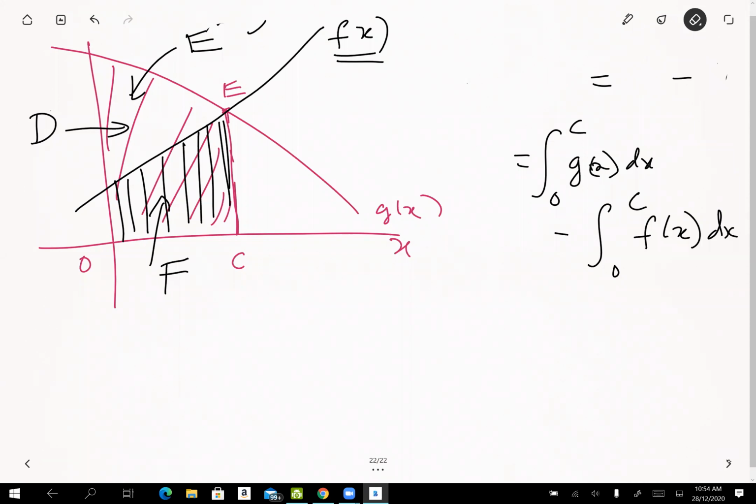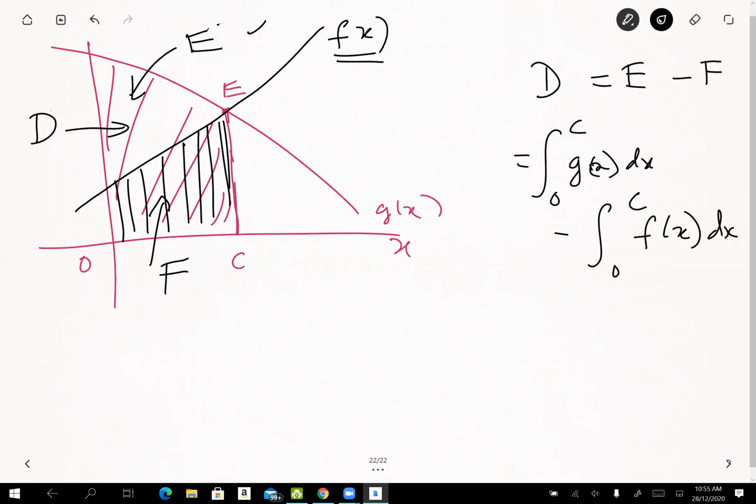The area D that we want is equal to the area E minus F. Okay, so area E is the area under G from 0 to C. Area F is the area under F from 0 to C. So therefore, what you want is the integral from 0 to C of G of X minus the integral from 0 to C of F of X.